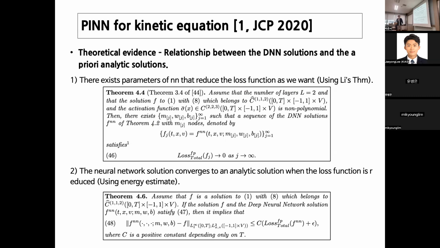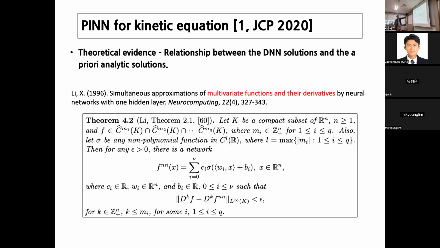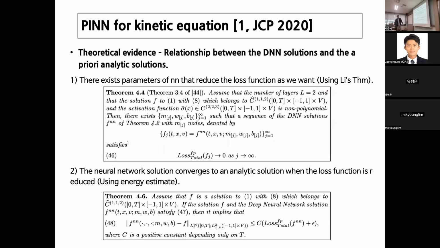Second, I want to show that the neural network solution converges to the analytic solution when the loss function is reduced. When I show this theorem, I use the universal approximation theorem on derivatives.